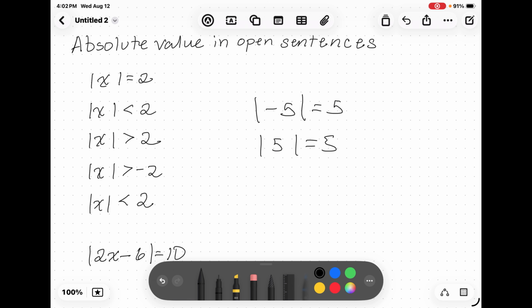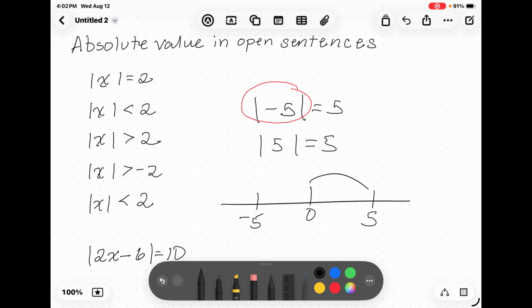A way of thinking about that is that what absolute value is telling us to do here is to say how far is -5 from 0. If we were looking at a number line, and I had 0 here, and I were 5 units over here, and 5 units over here, both of these are 5 units from 0.